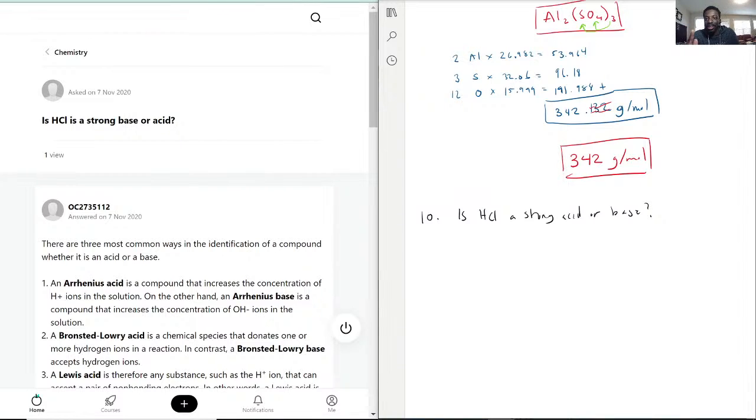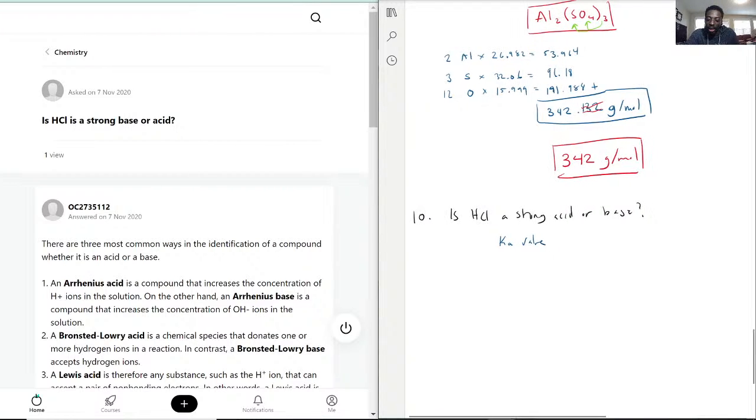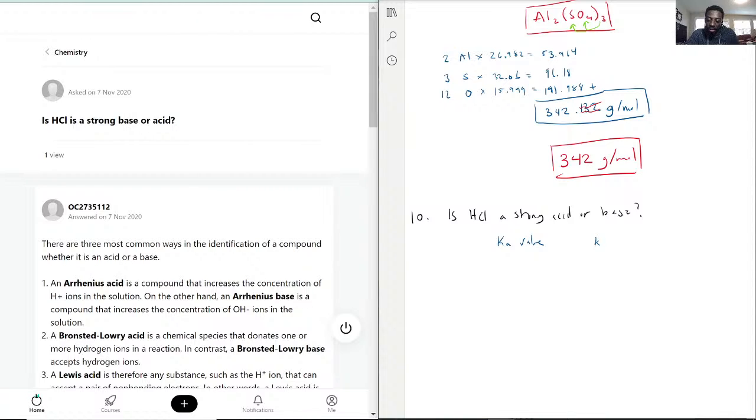One, either you have to memorize this, or if you've gone into the higher levels of chemistry, you need to find out its Ka value, which is the dissociation constant for acids, okay? Simply put, if your Ka value is greater than 1, okay, this is a strong acid, okay?